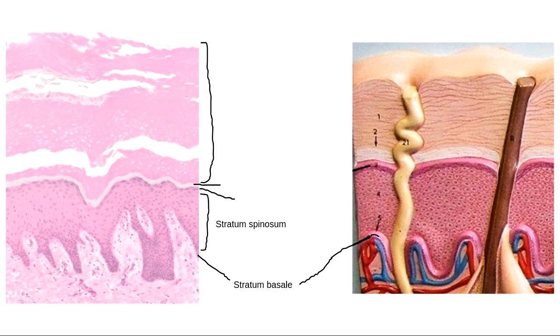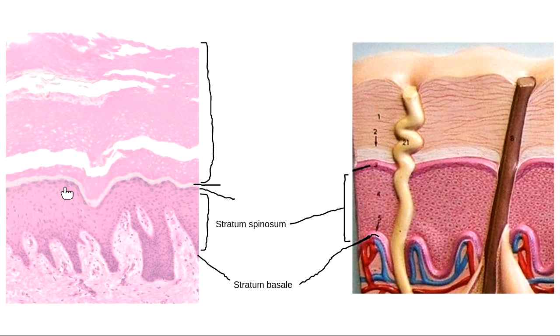Stratum spinosum, again, is that largest living layer. So all of these cells mixed inside of here in stratum spinosum, we can see all of them over here. These cells are all alive. They're doing great. Once we get to this dark layer, though, this is when those cells start to die. I can see it's not quite as pronounced here, but see how some of these cells are a little bit darker that I see right here?